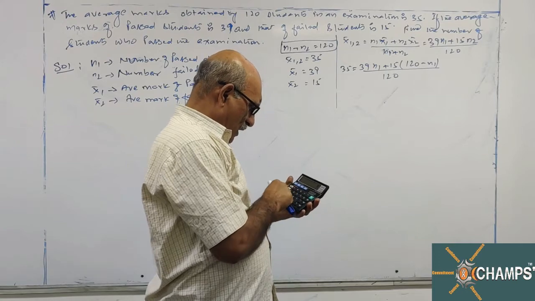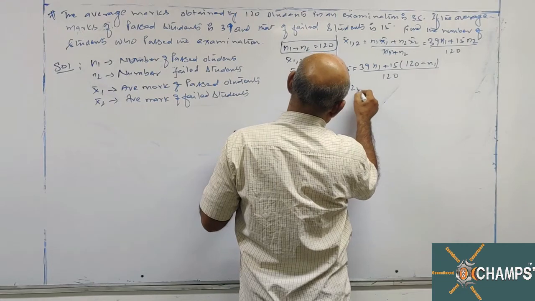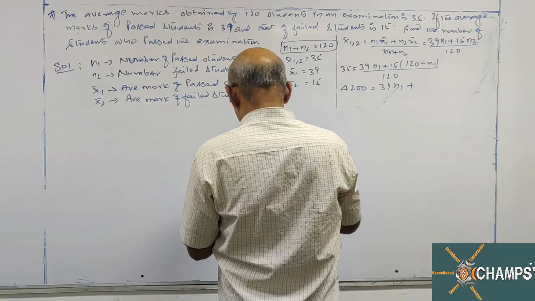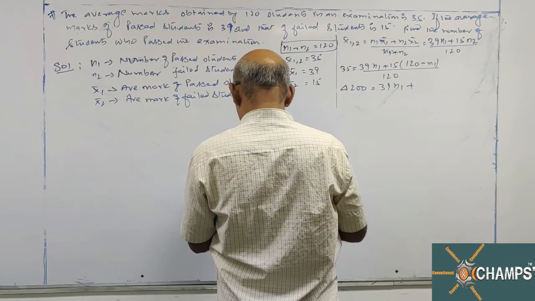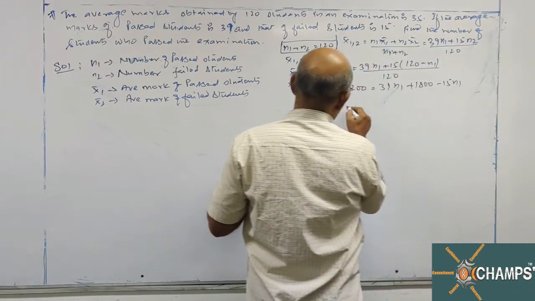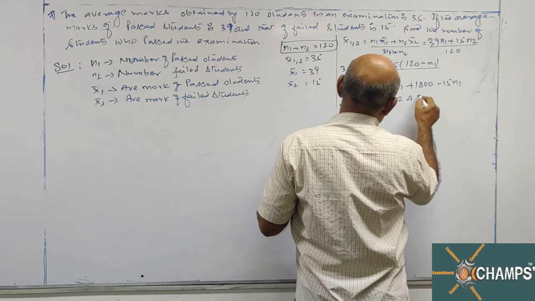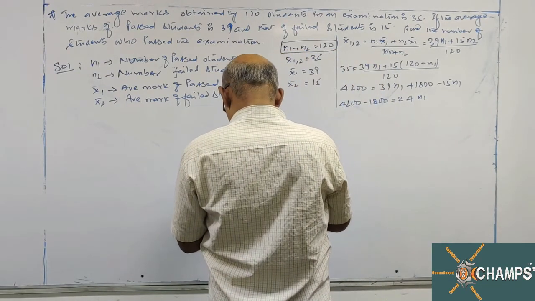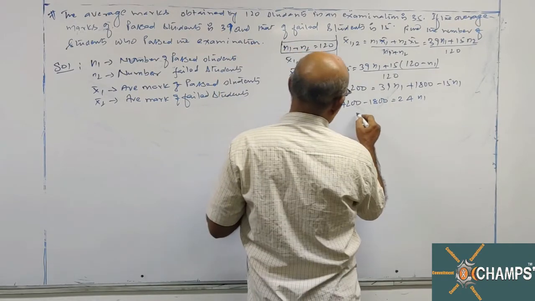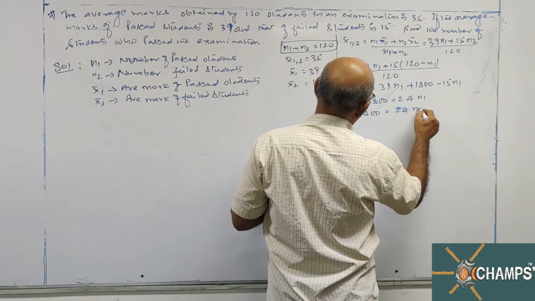35 into 120, 4200 is equal to 39 into N1 plus 15 into 120, 1800. 4200 minus 1800 is 24 into N1. 4200 minus 1800, 2400 is equal to 24 into N1.